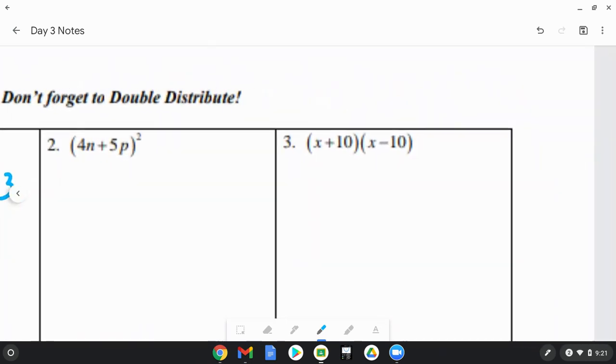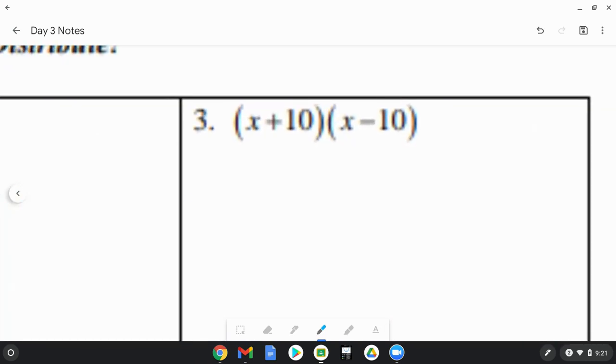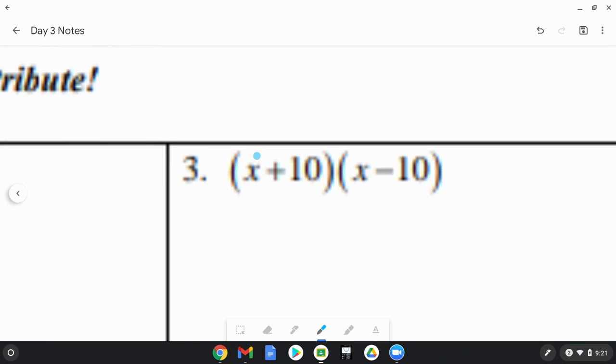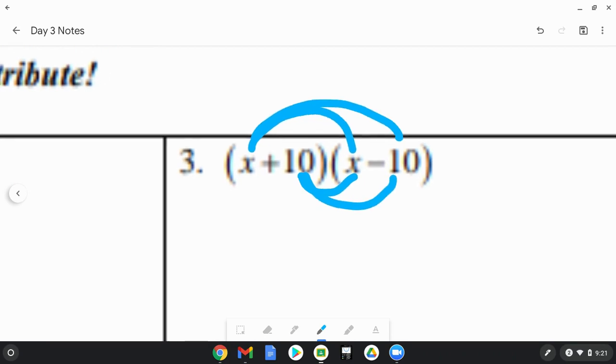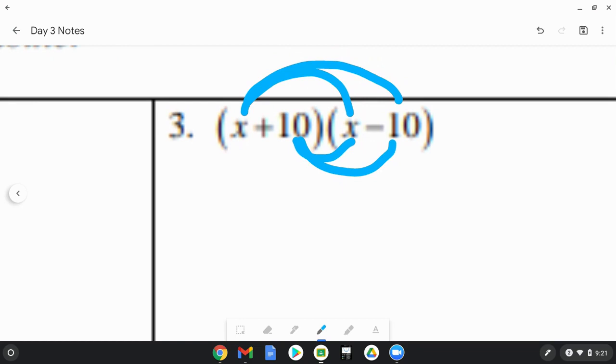Number 3 is one of our special cases, because if we multiply this correctly, we do the first times the first, the first times the second, the second by first, and the second by second. You're going to notice something that happens to the middle terms, because these two binomials are known as conjugates. They're the exact same binomial but with opposite signs in between. So that's going to do something to our problem. If we multiply those together, that'd be x squared for the x times the x.